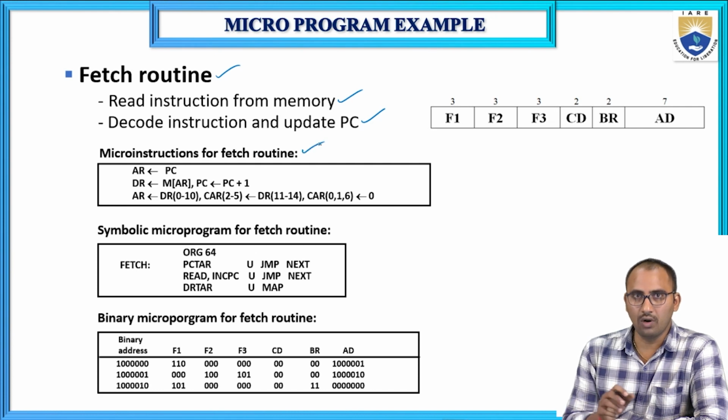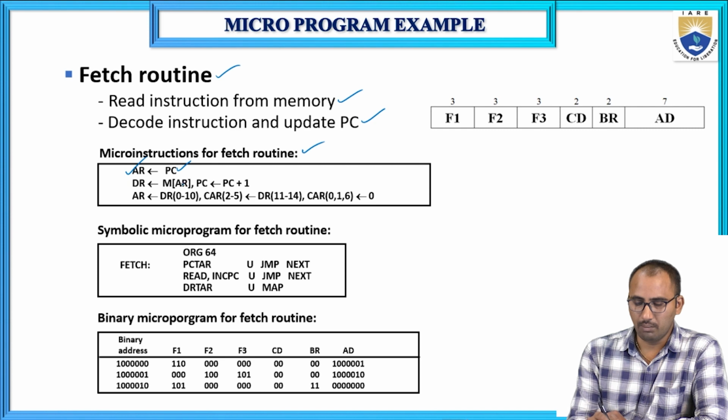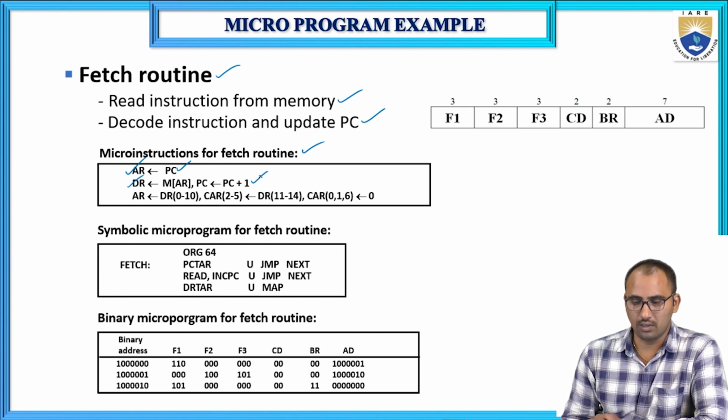So consider a small fetch routine program. When the instruction is fetched, some sequence of micro operations takes place. The program counter address will be loaded into the address register. Next, M of AR will be loaded into the DR. Next, it will increment the program counter.